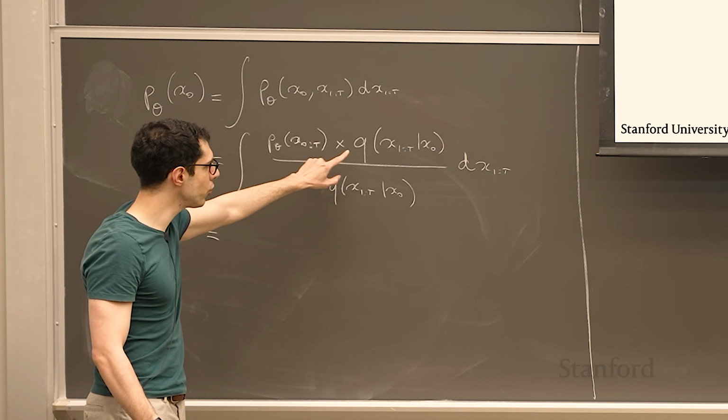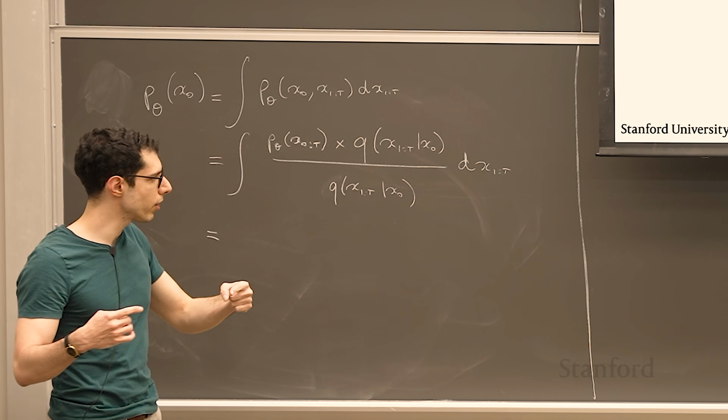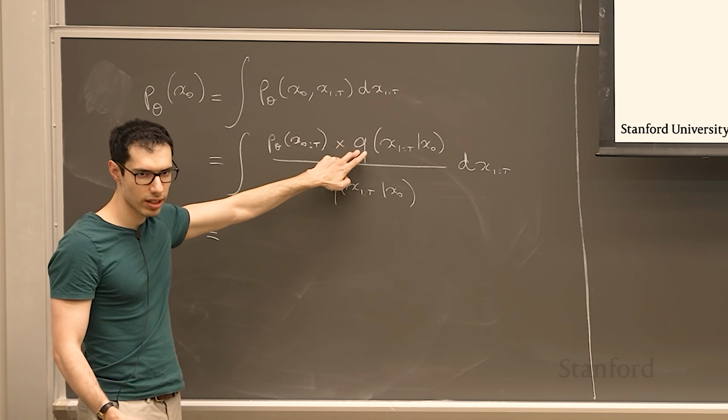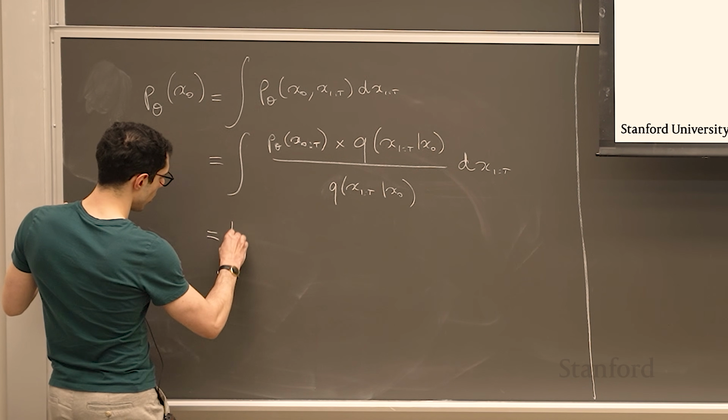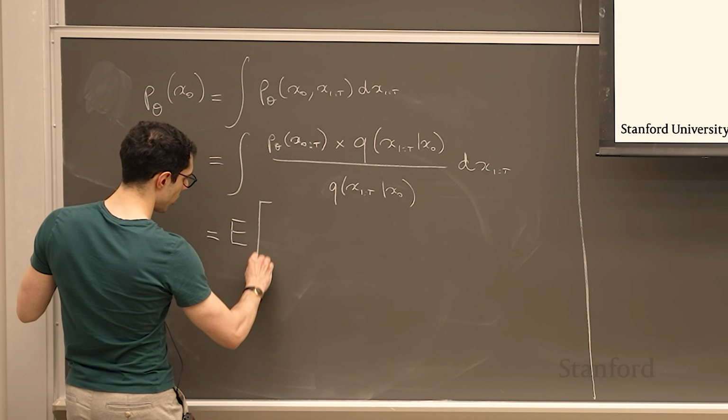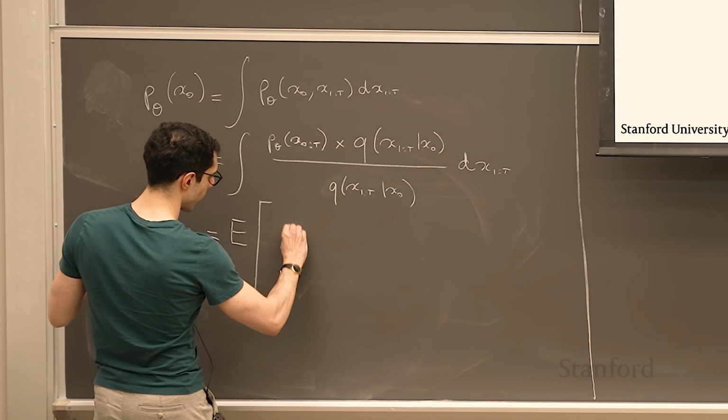Because this is as if you were sampling x1 through t from this distribution. So it's as if you were writing this, right?